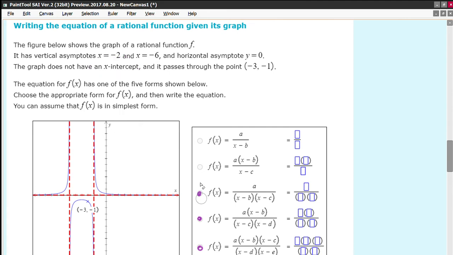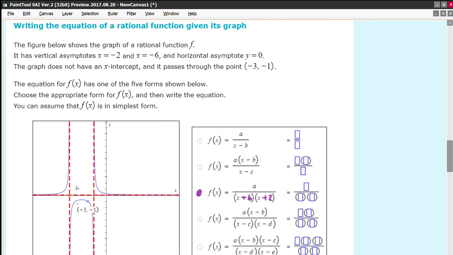So options 4 and 5 are out of the list. That leaves us with option 3. So one asymptote is at x equals -6, and the other one is at x equals -2. So I'm writing the proper factors.